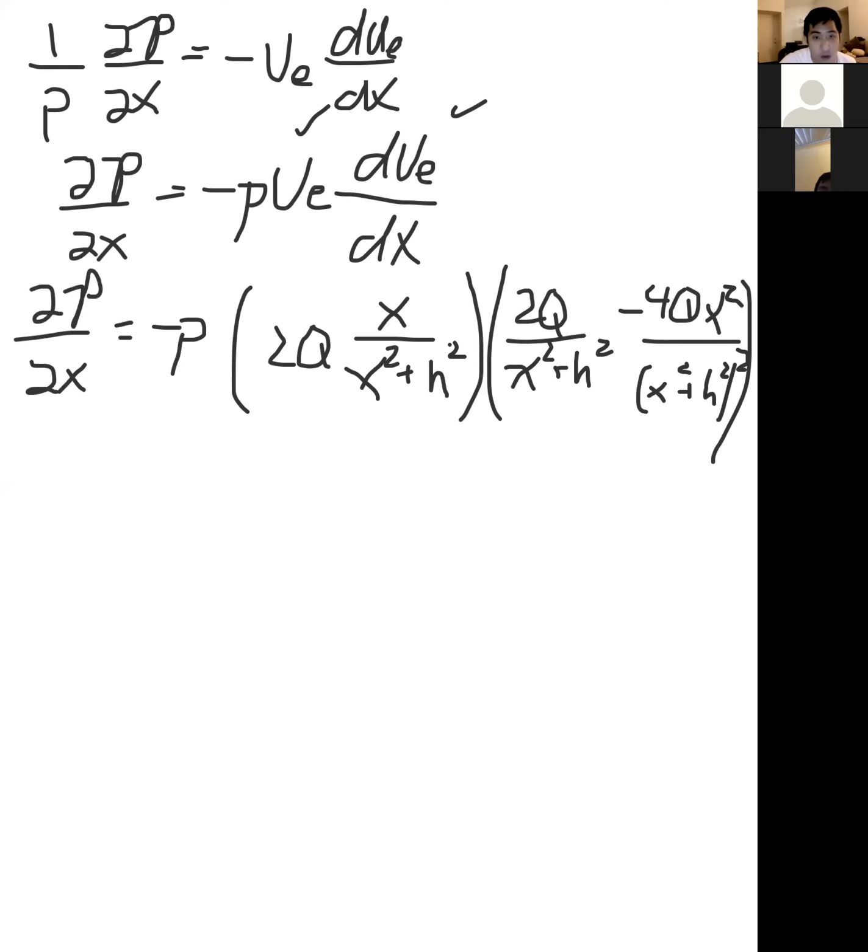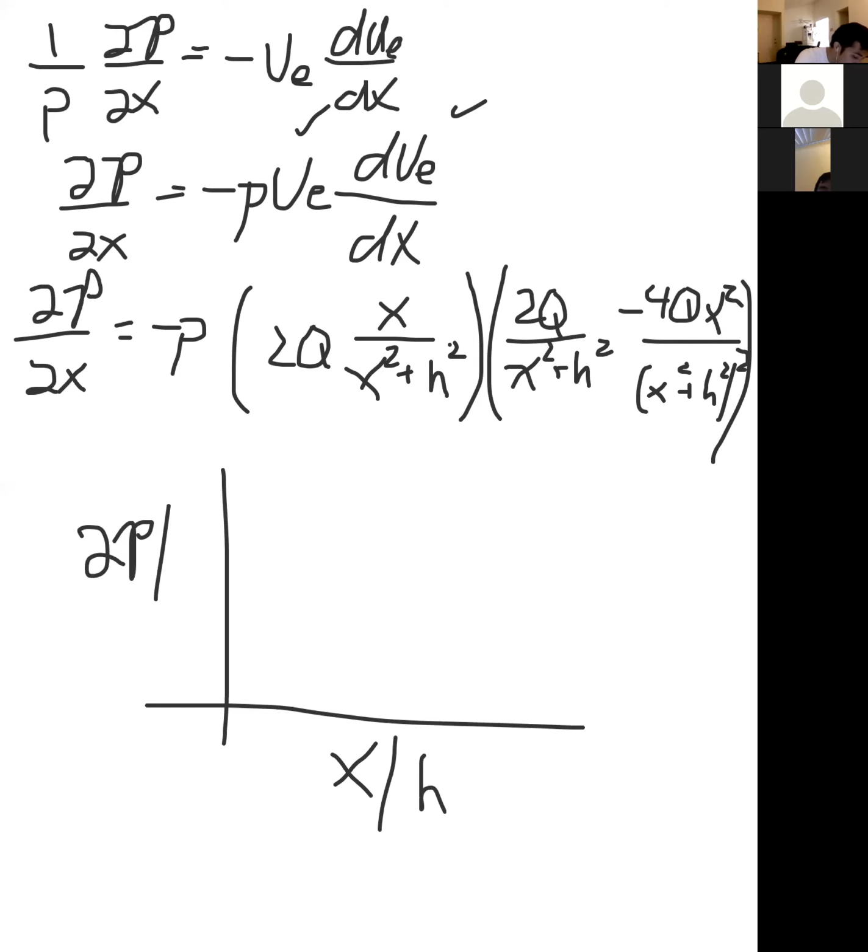For here, you would work through the algebra and put it in the same form that we did in the previous one, where it's everything in terms of x over h instead of x. Then you would make the same plot, where you would plot x over h against dP dx.